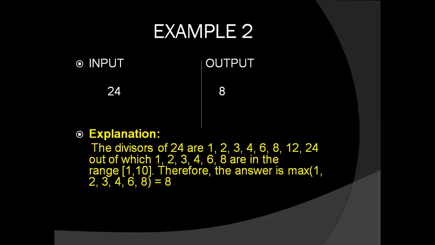Out of these, only 1, 2, 3, 4, 6 and 8 are in the range of 1 to 10. So only these 6 numbers are in the range. Therefore the maximum out of these, the greatest value, is 8. So the output is 8. So this is the task.